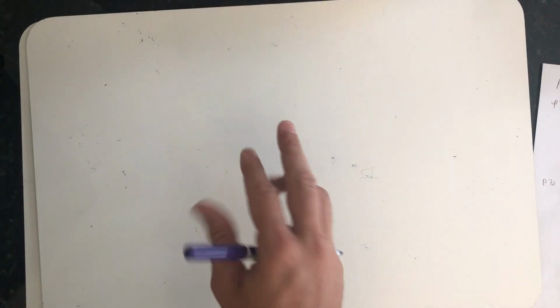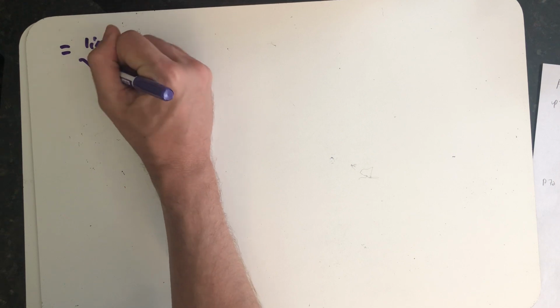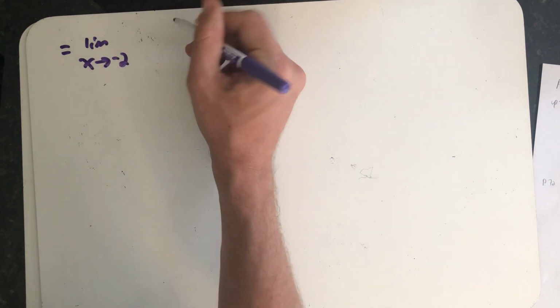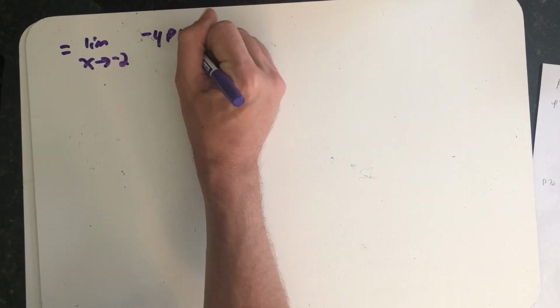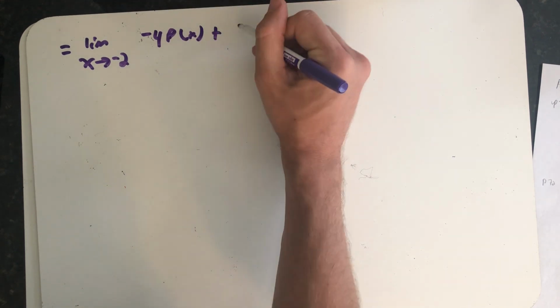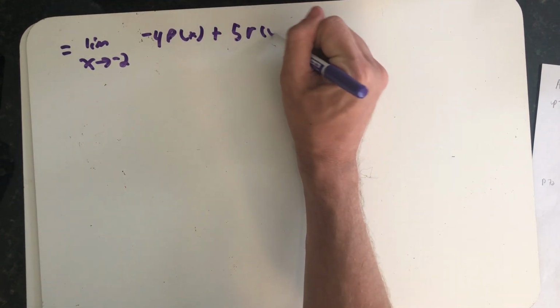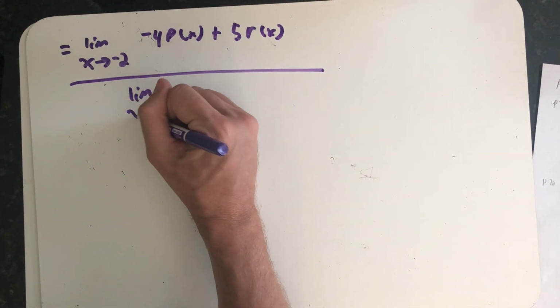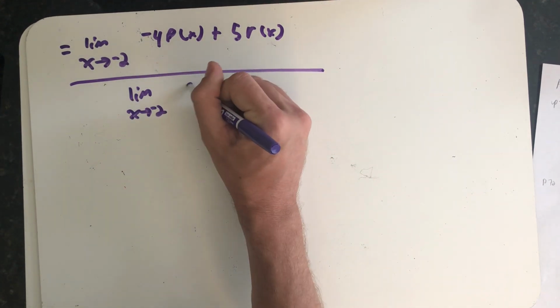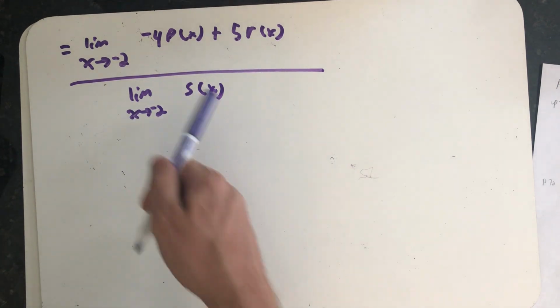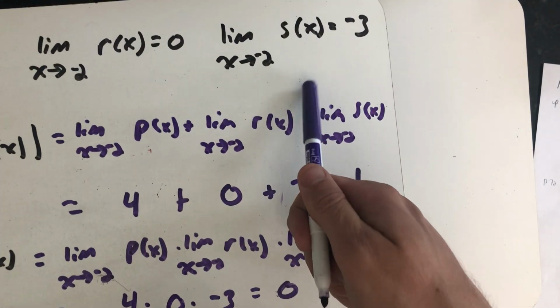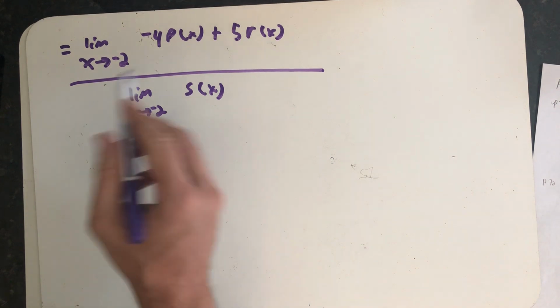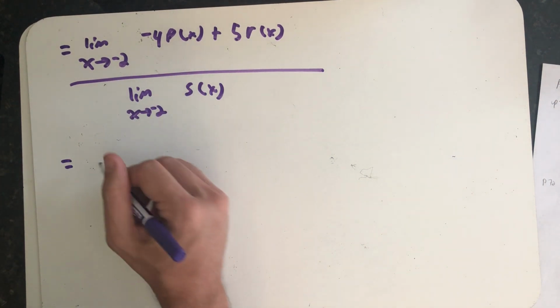And so the first thing I want to do is rewrite that last statement. I could go on and evaluate this one because I know the limit of s of x was minus 3, but I'm going to work on the top first.